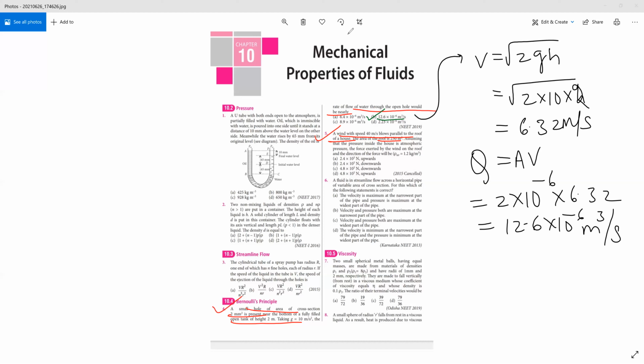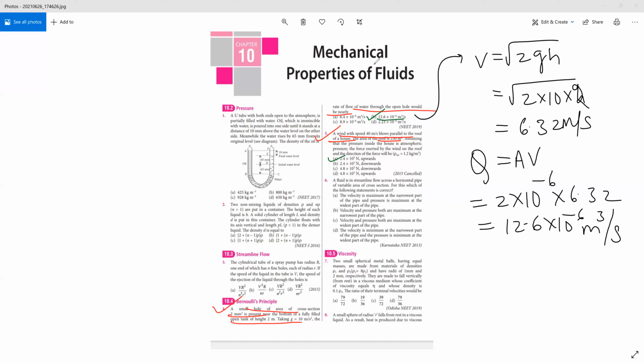First option they have given 2.4 into 10 to the power of 5, second one 2.4 into 10 to the power of 5 Newton, downwards, third one 4.8 in the downward direction, fourth one 4.8 in upward direction. So when we observe all those 4 options, for fifth one, the fourth option is the right answer.